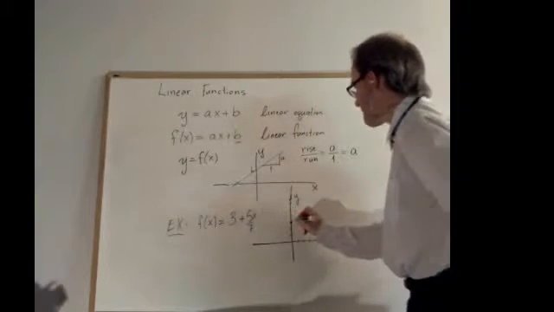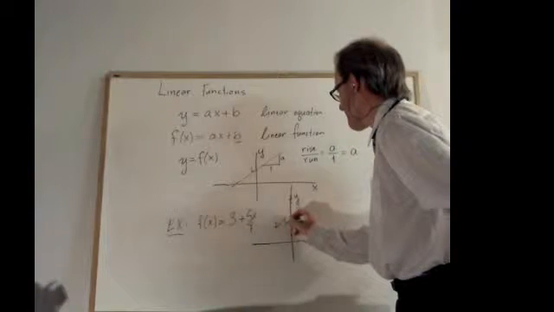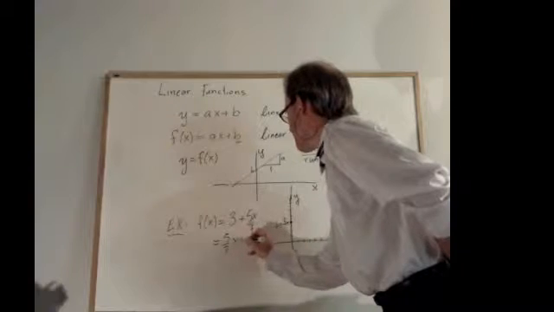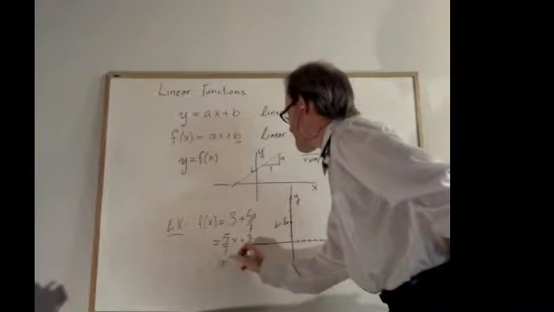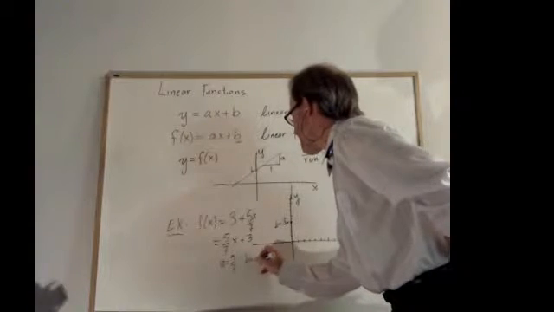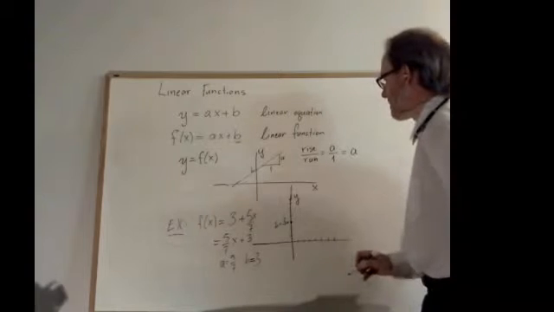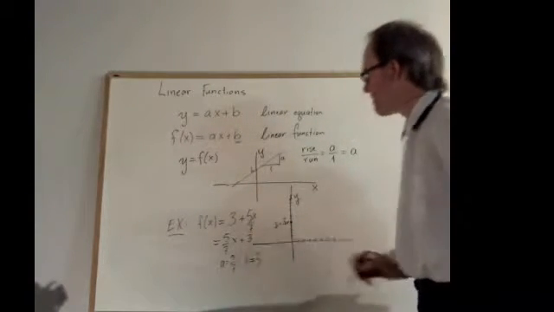Okay, so the y-intercept will be here. This is of the same form as here, where a is 5 over 7 and b is 3.